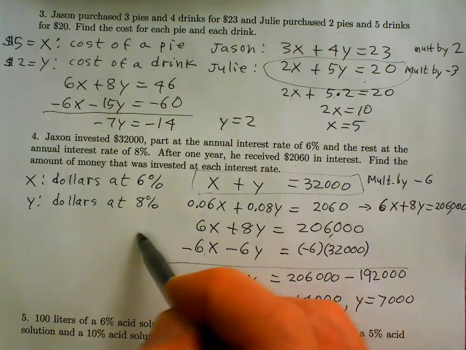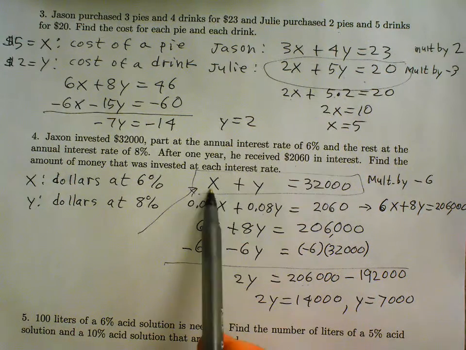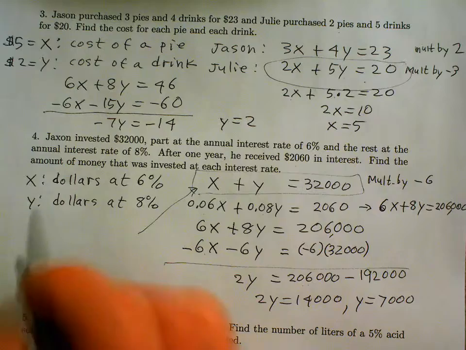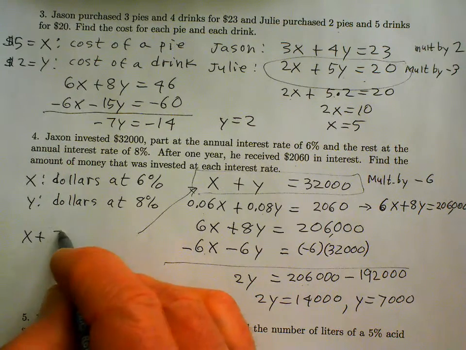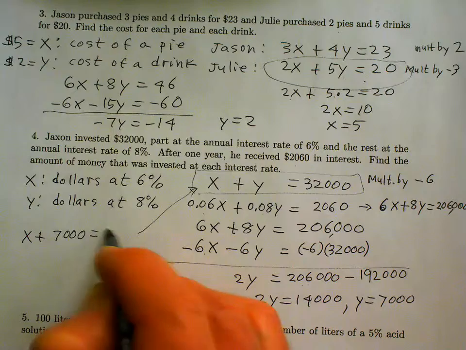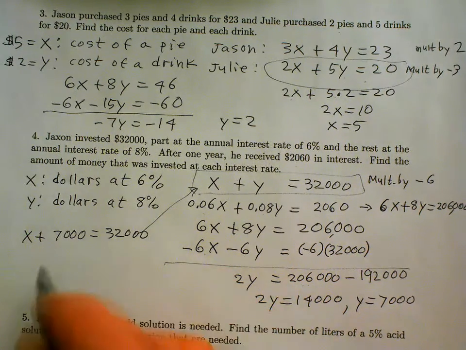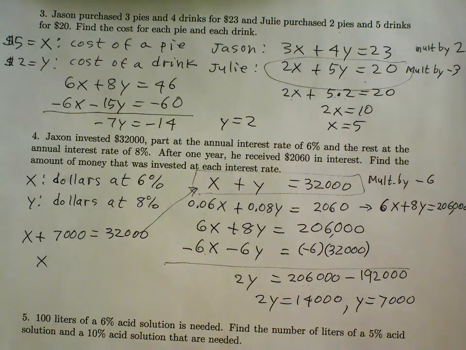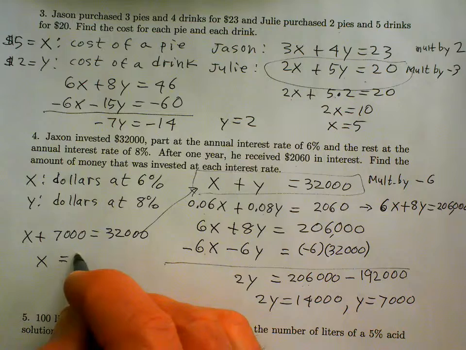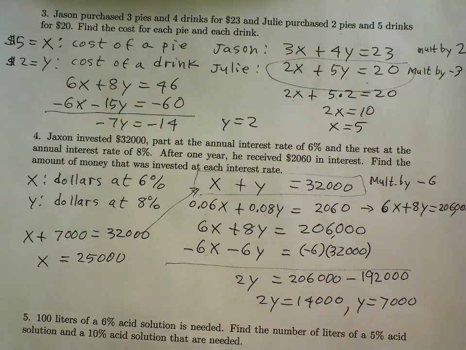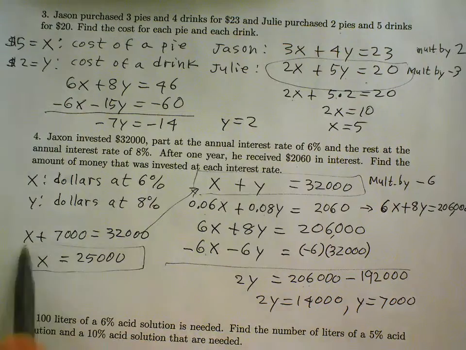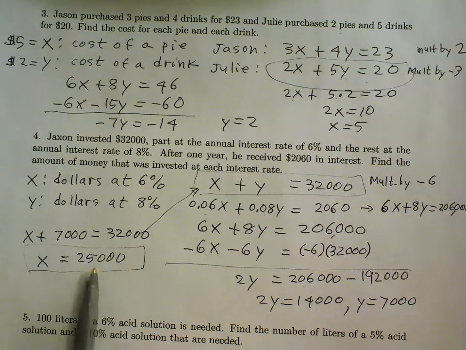And to find x, we can use this equation. So x plus y is x plus 7,000 equals 32,000. Subtract 7,000, we get x equals 25,000. Okay, so $25,000 is invested at 6%.